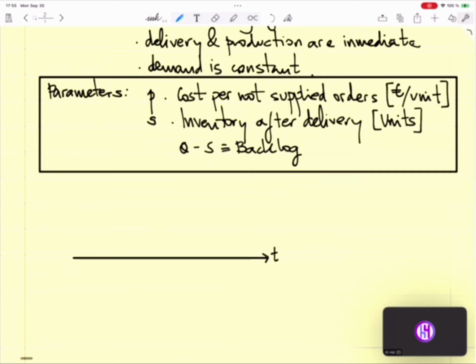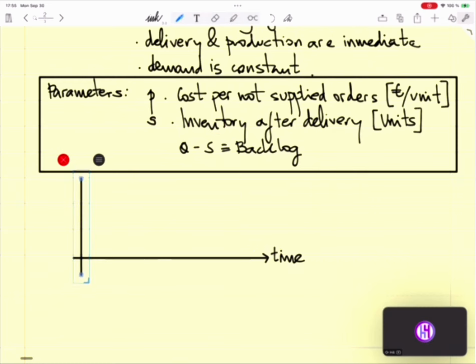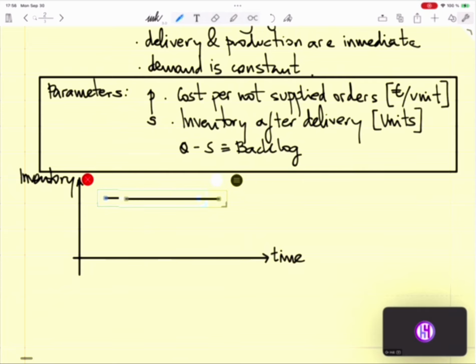T is time. And then we also have our vertical level of inventory. Okay, and then we have our inventory after delivery.